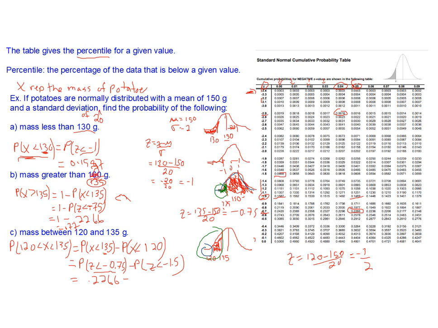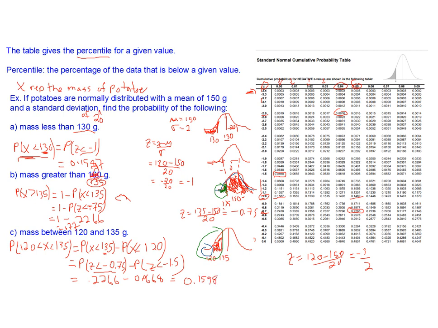So negative 1.50 is 0.0668. And if we plug that into our calculators, we should get an answer of 0.1598.